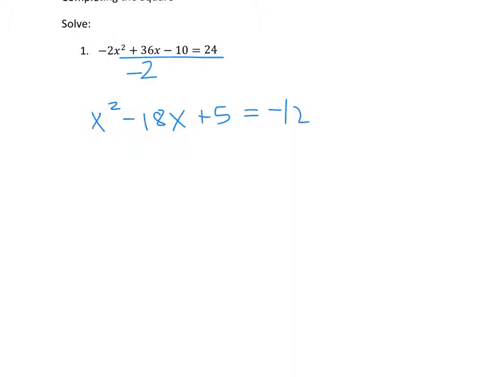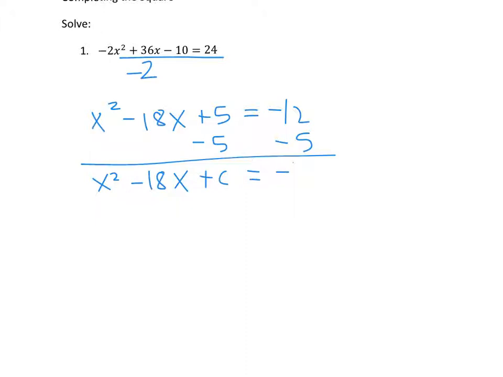I don't have an ax squared, I just have an x squared now. I'll move the 5 over, so I'll subtract 5. And I get x squared minus 18x, and now I know I'm going to have to figure out some value to get a perfect square trinomial. So I'll say plus c right now equals -17 plus c.